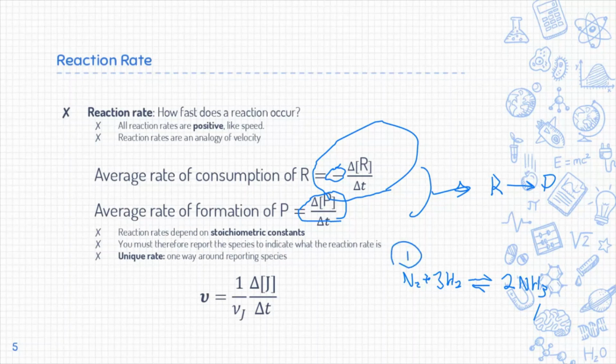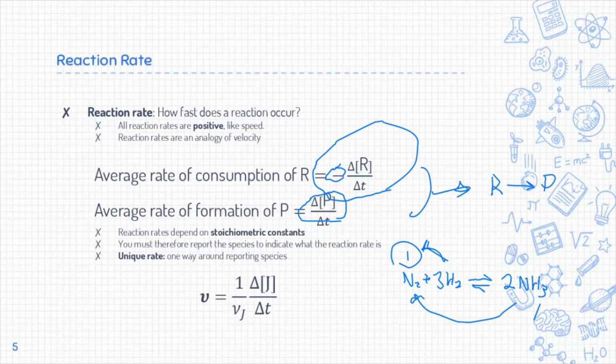That's not the correct units, but whatever. In this case, it makes sense that the rate of consumption of hydrogen gas here would be 3 times greater than nitrogen, and the rate of formation for ammonia would be 2 times greater than nitrogen. It's similar to just stoichiometry, right?